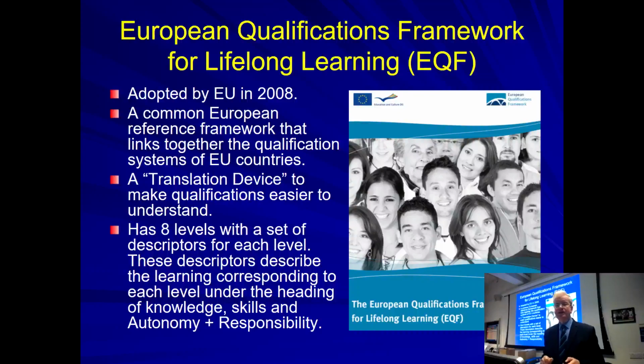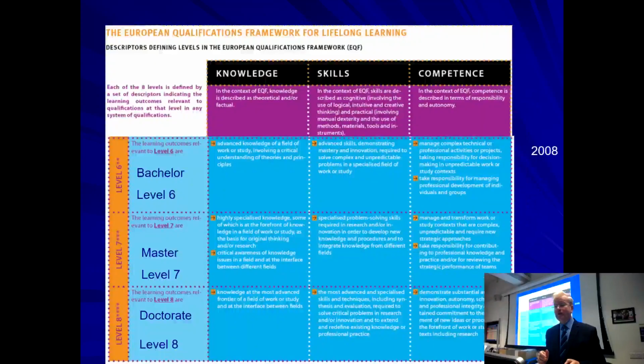Now, they had the experience of Bologna, so that in the European Qualifications Framework, the bachelor level 6, the master's level 7, and the level 8 doctoral degrees, those generic descriptors that you see there are almost identical to what they had in Bologna. Now, when this framework came out first in 2008, they used knowledge, skills, and competence.